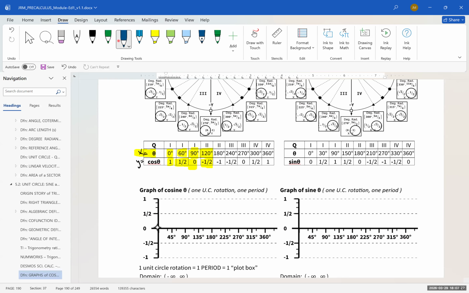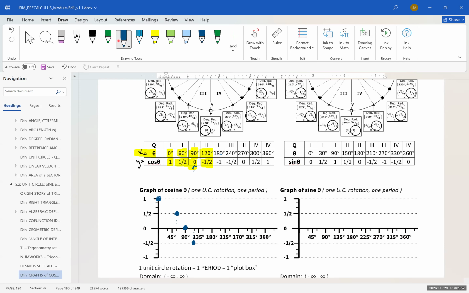Okay, so at 0 degrees, cosine theta is 1. At 60 degrees, cosine theta is +1/2. At 90 degrees, cosine theta is 0. At 120 degrees, cosine theta is -1/2.